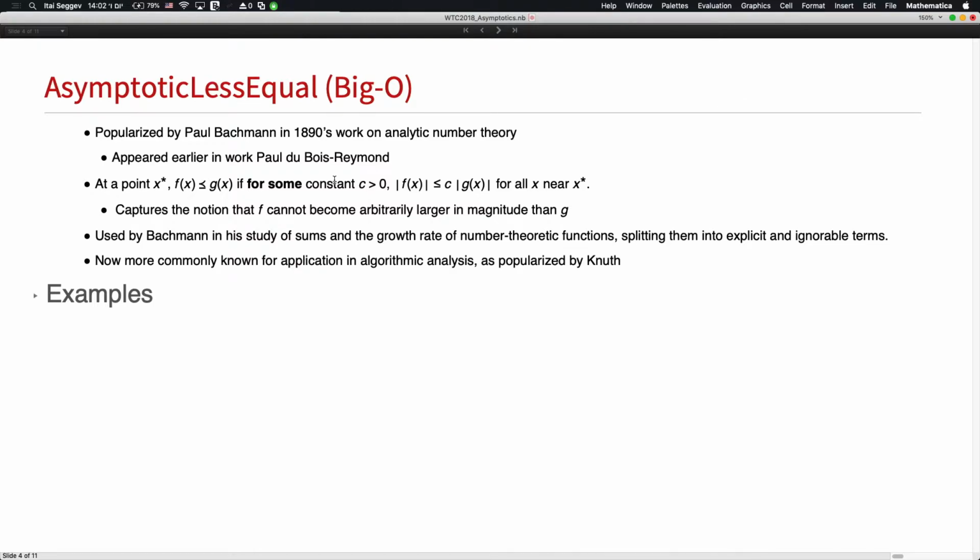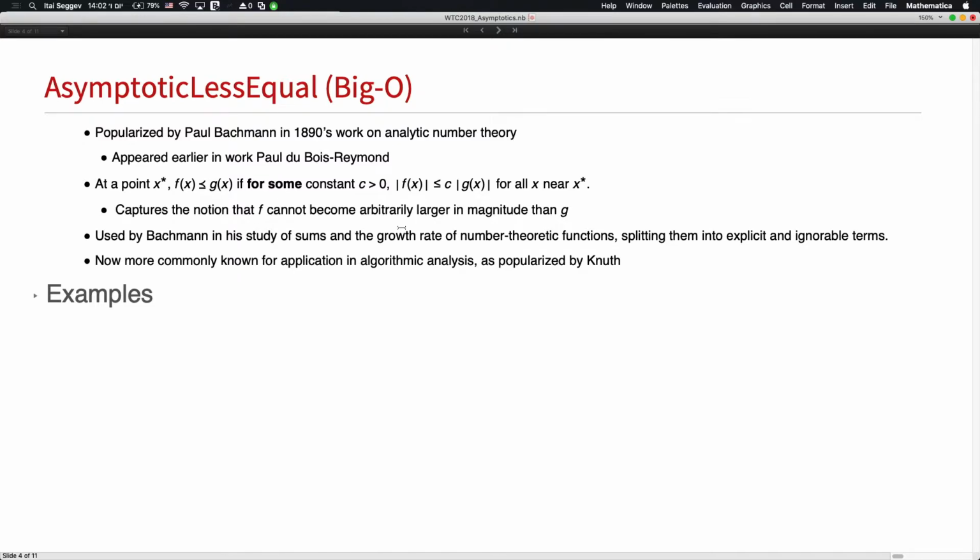Basically, at a point x star, f of x is asymptotically less than or equal to g of x if there exists some constant such that the absolute value of f of x is less than that constant times g of x for all x near x star. This captures a notion that in the vicinity of that point, could be infinity, could be 0, could be anywhere in between, could be in the complex plane, the magnitude of f can't become arbitrarily larger than the magnitude of g.